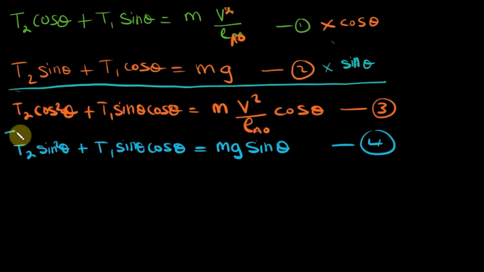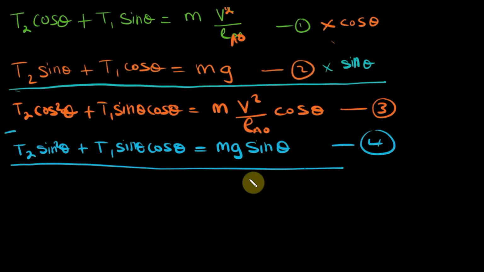So let's subtract equation 4 from 3. Then we say T2 cos squared minus T2 sin squared, T2 open bracket cos squared theta minus sine squared theta. Right. T1 sine theta cos theta minus T1 sine theta cos theta.